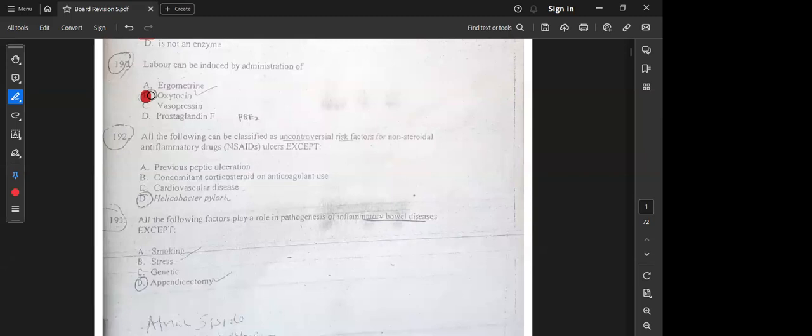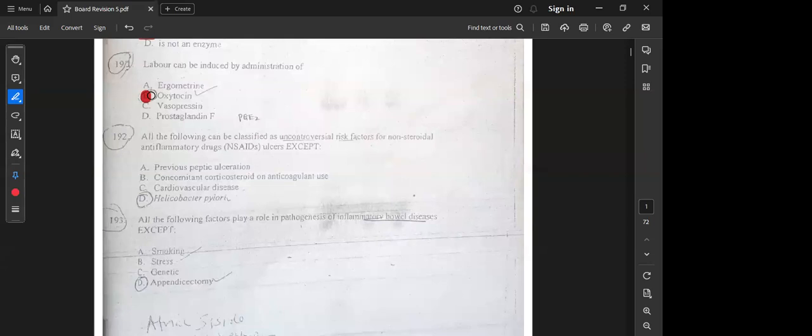So I think the first step here is to understand what is an uncontroversial risk factor. Perhaps someone can explain what that means.